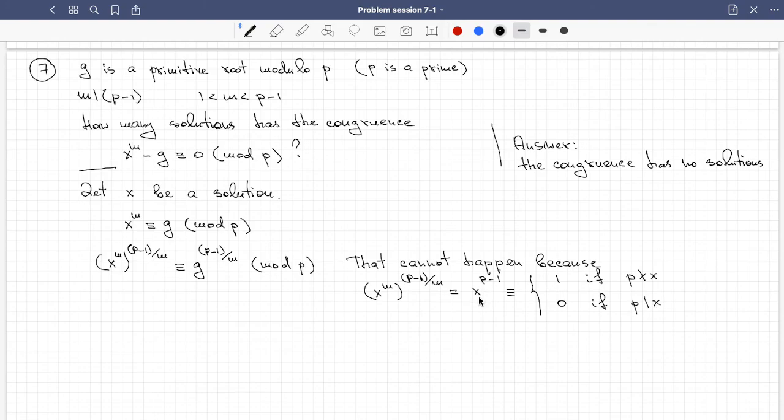Then x is 0 modulo p, and raised to some power it is still divisible by p, so still 0 modulo p.